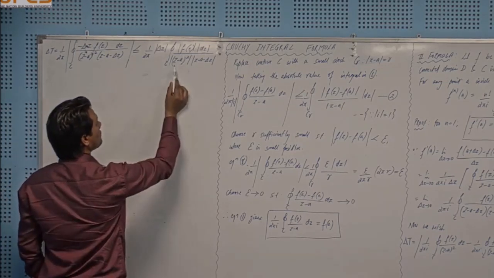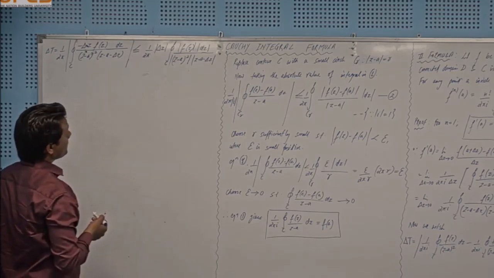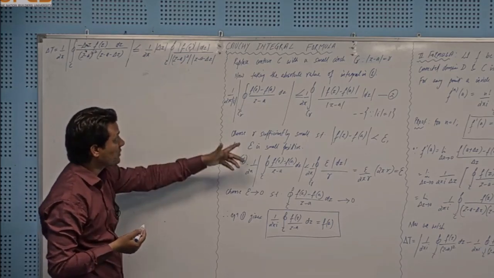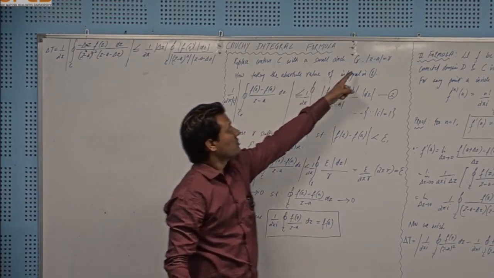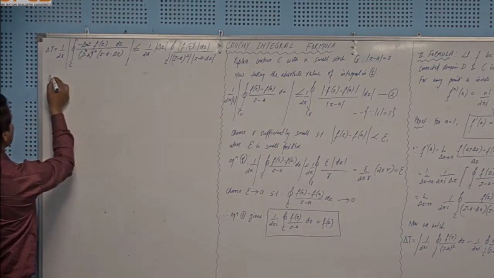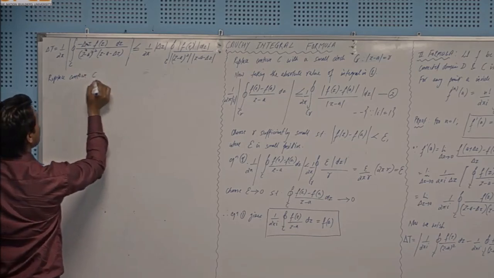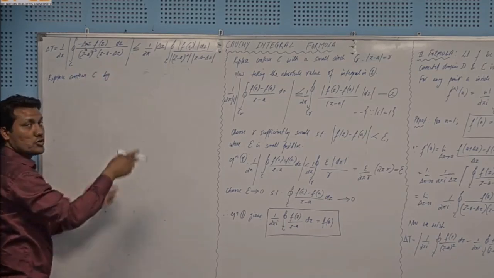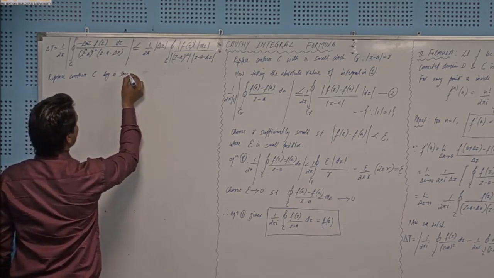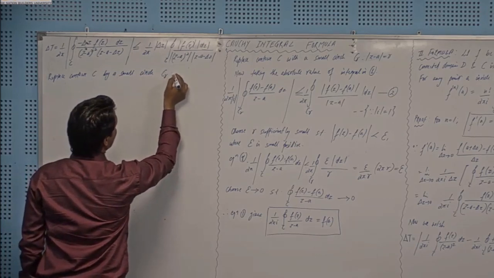So first I focus on this one, z minus a. Again, z minus a is equal to r, as you can see from here. So replace the contour C, which was the original contour enclosing that singularity, by a small circle centered at a, and let me denote that circle by CR.